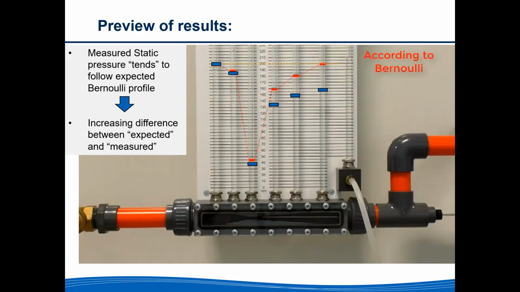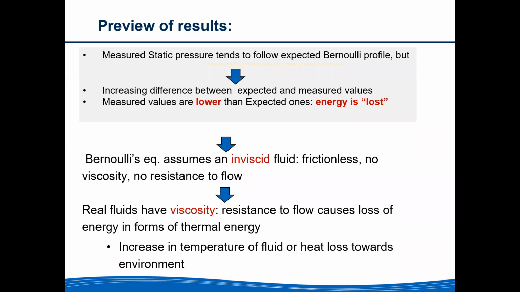To understand this difference, we have to understand that the Bernoulli equation is a fantastic, powerful equation, but it starts with some simplification of nature. In particular, Bernoulli is an equation for an inviscid fluid. An inviscid fluid is a fluid that offers no resistance to flow.